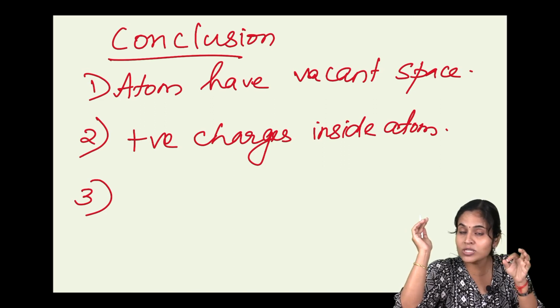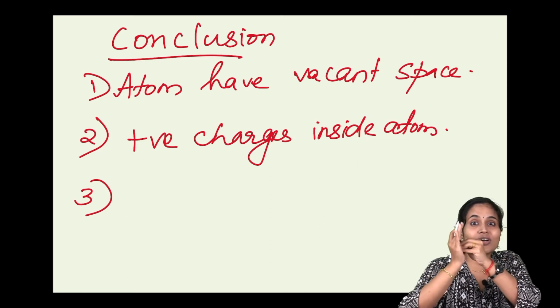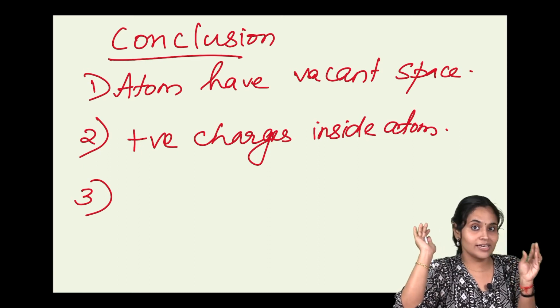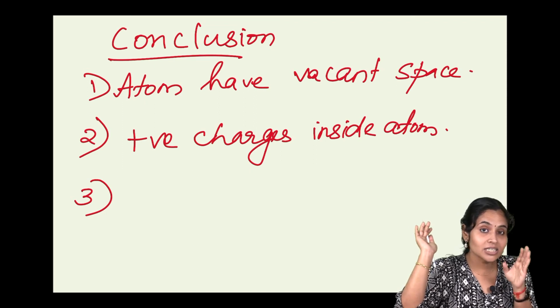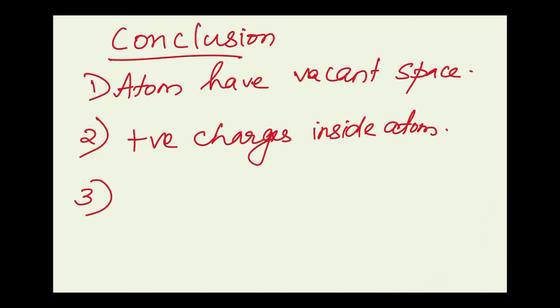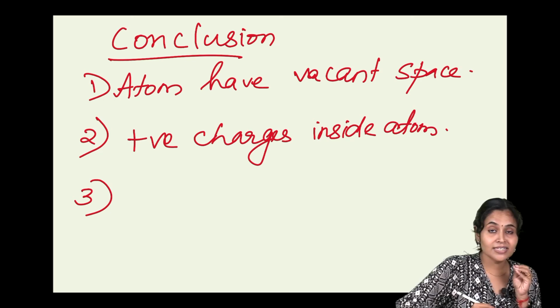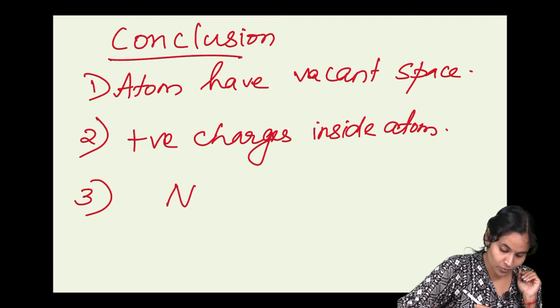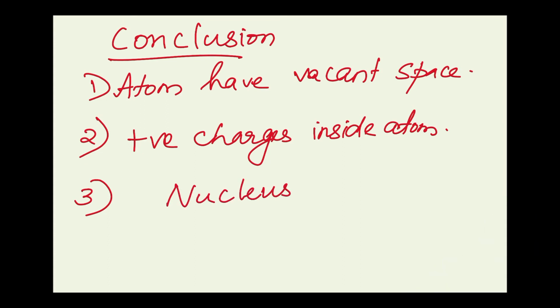So his third conclusion was that these positive charges are located at a center, and he named that center as nucleus. Okay? So he ended up with the nucleus concept: this positive center present in the atom is the nucleus.